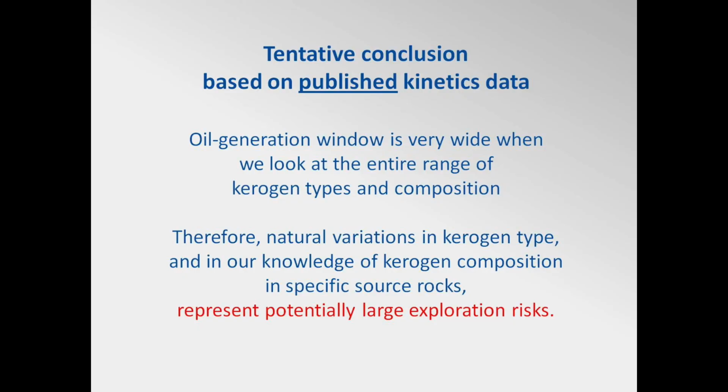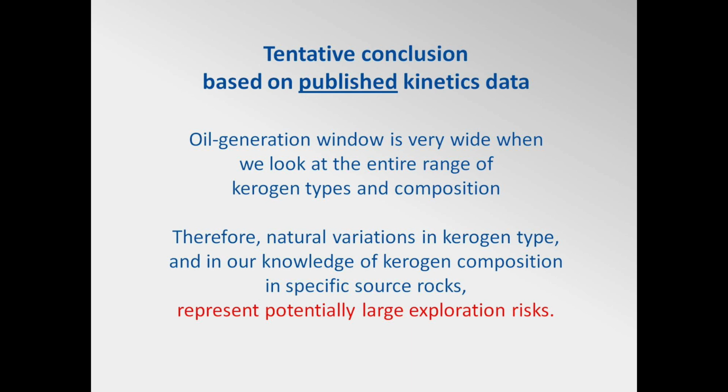So a logical but tentative conclusion based on analysis of the published kinetic data is that the oil generation window is very, very wide when we look at the entire range of kerogen types and composition.